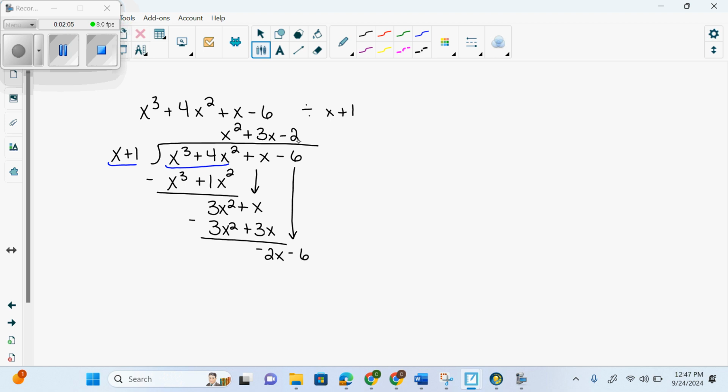It's negative 2. So I get negative 2x minus 2. Cancels, and I get negative 6 minus negative 2, and I get negative 4. So I know the remainder is negative 4. That's what I'm going to take from this. So doing long division, I can get that the remainder is negative 4. Cool.